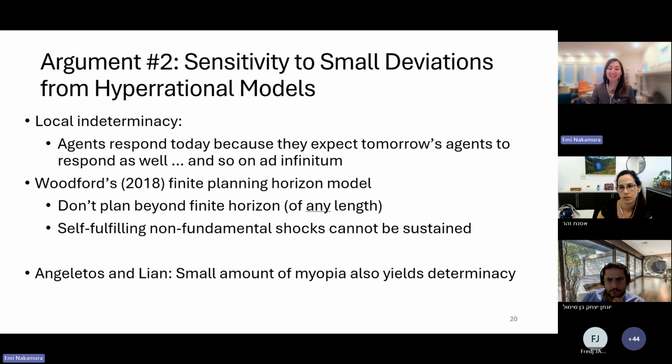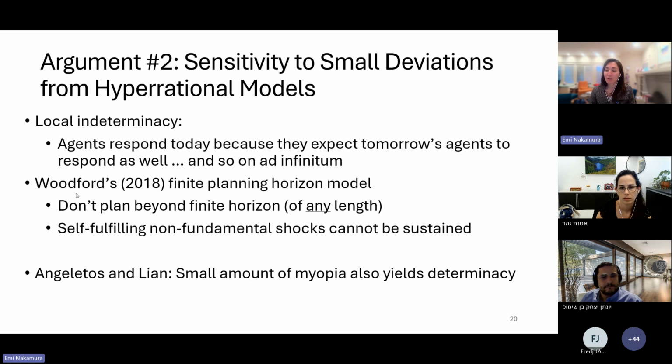But of course, that logic implies that we today should still be responding to sunspots that occurred long ago, during the French Revolution. And there's an obvious question as to how reasonable that really is.